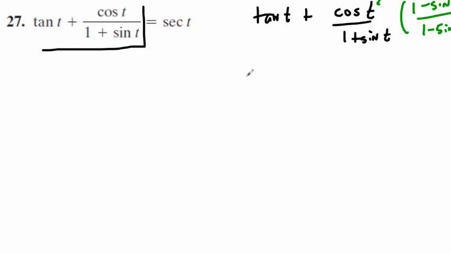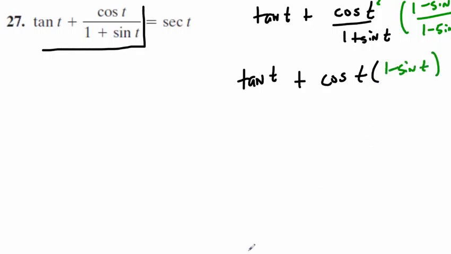So now I have tangent of t plus cosine of t times our new 1 minus sine of t. And when you multiply out the bottom, what happens? Well, 1 times 1 is 1. And since it's plus and minus, we don't have a middle term, and sine times sine is just, so this would be minus sine squared of t.